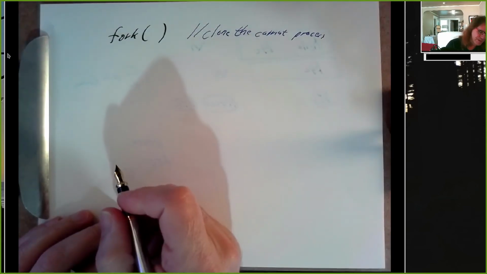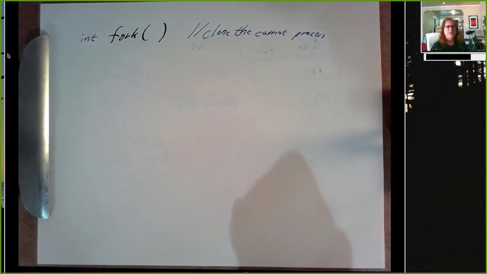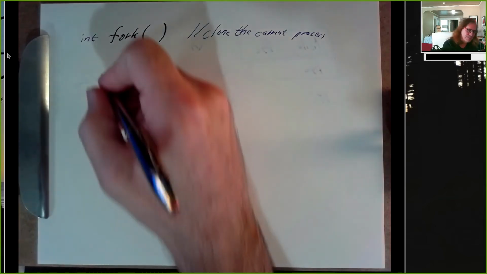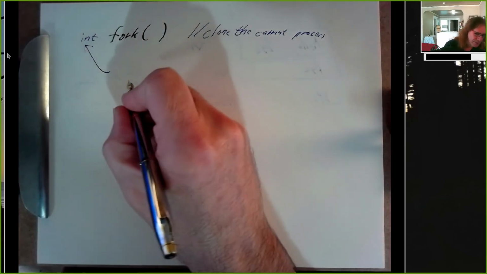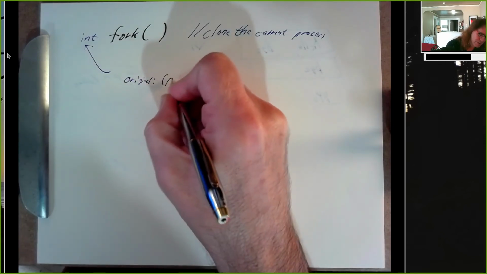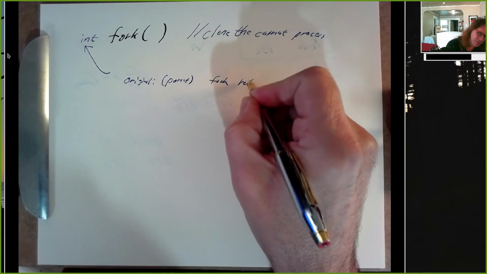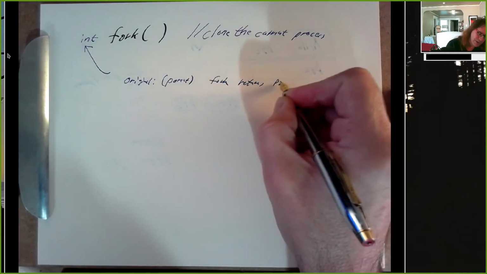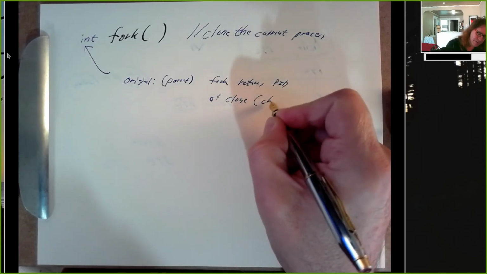So fork takes no arguments, and it returns what effectively is an int. It's a pid_t, which is basically an integer. And the difference between the original process and the clone is this return value. If you're the original, who's also called the parent, fork returns the process ID of the clone, which is called the child.